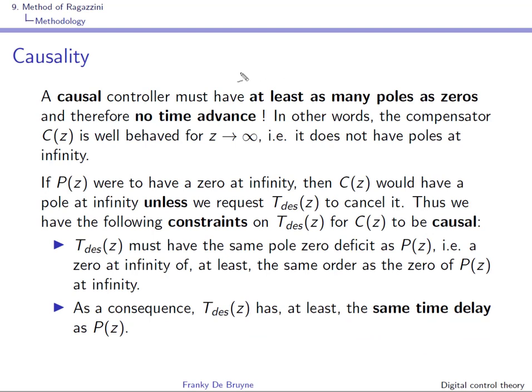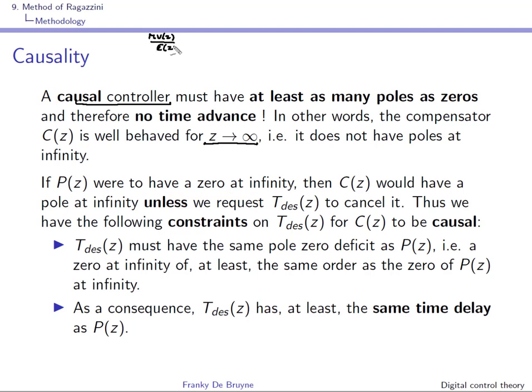An obvious constraint is that the controller must be causal, so it must have at least as many poles as zeros and therefore no time advance. The controller must be well behaved when z tends to infinity, and it does not have therefore any pole at infinity. Let us take a counter example.